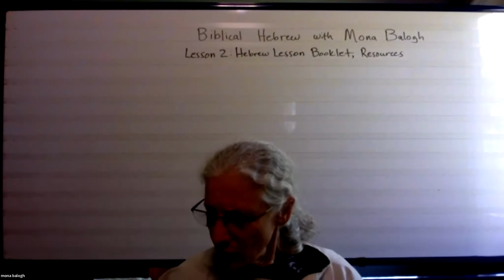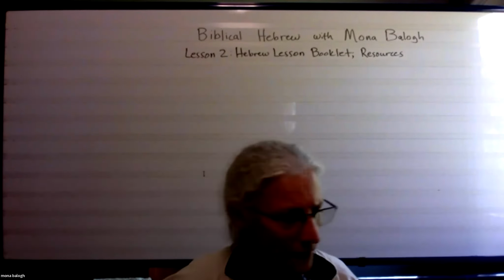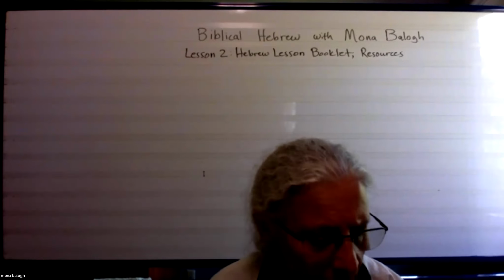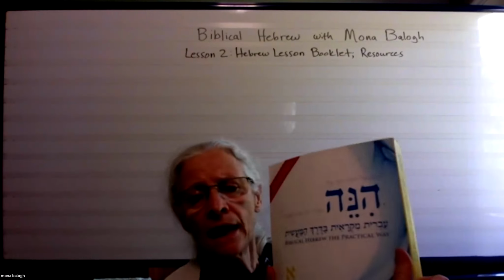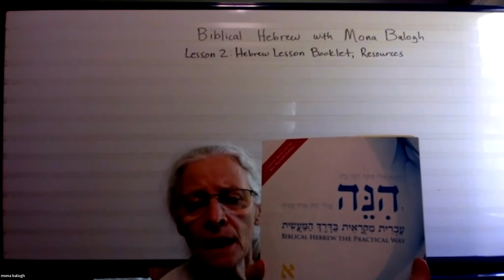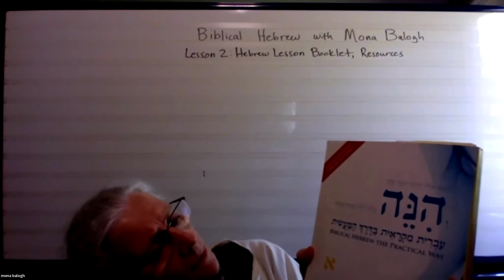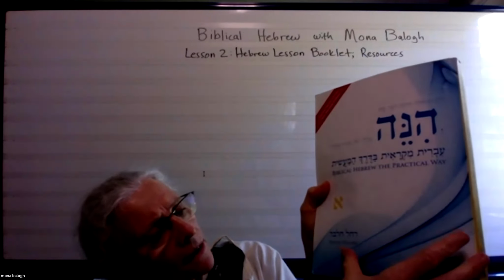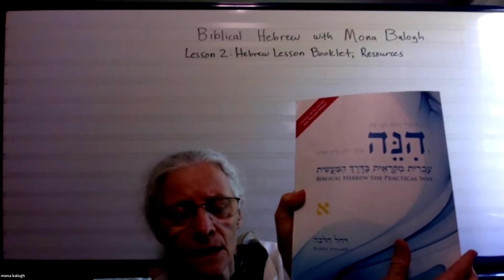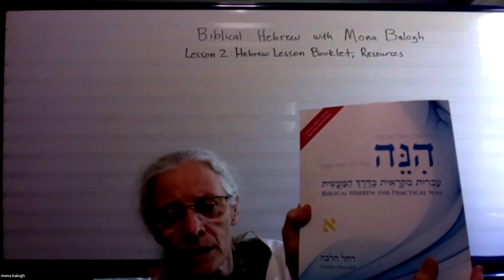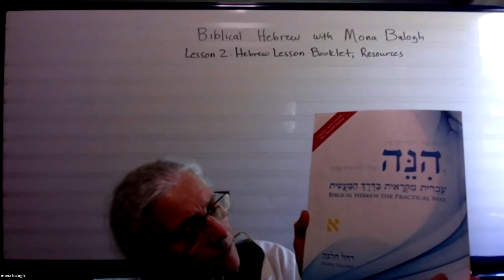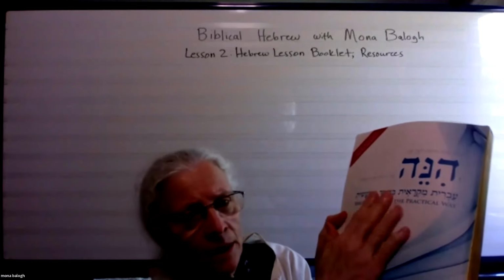And I'll show you an online version. You don't have to buy that in the hard copy. And last but not least is the Hine. Hine is Biblical Hebrew, the Practical Way, and the author is Rahel Halabe. This is our workbook, and we're going to be using this every lesson. This can be bought as a hard copy.